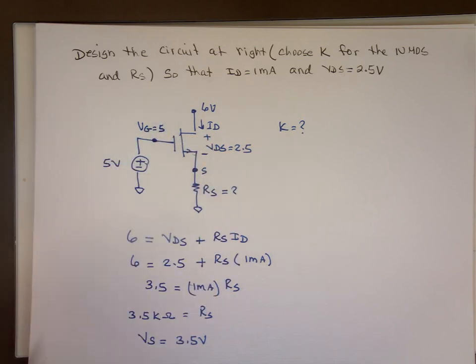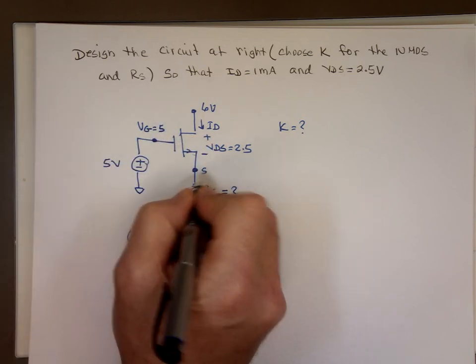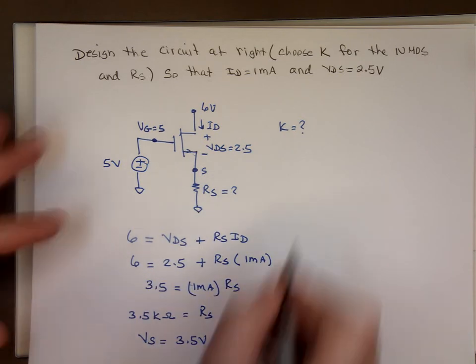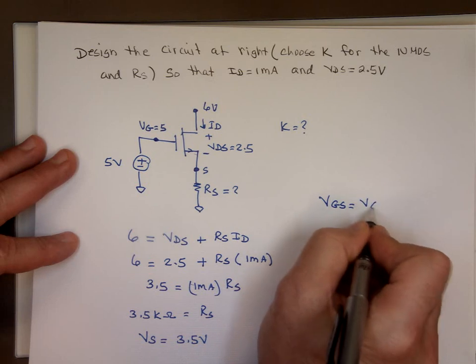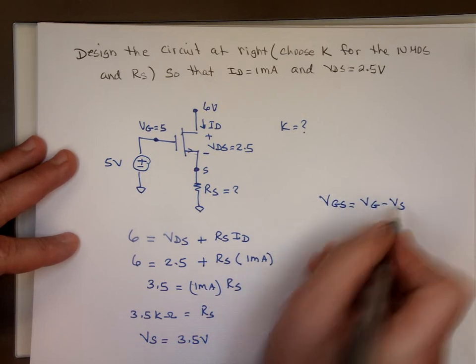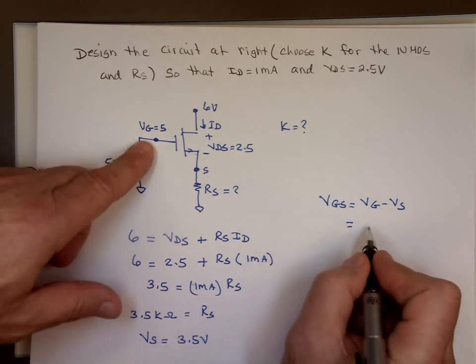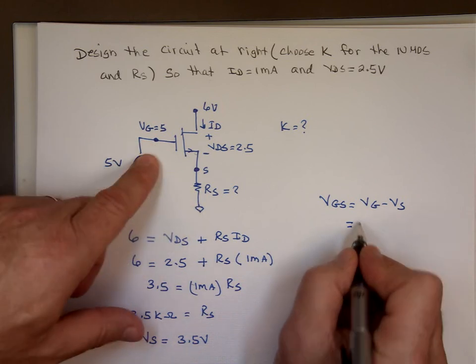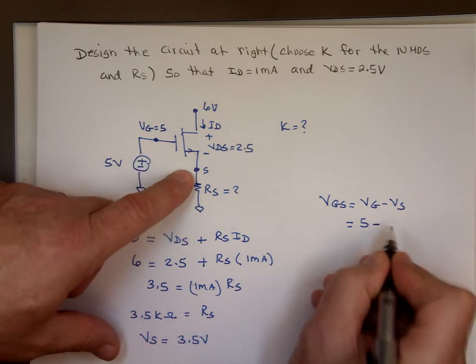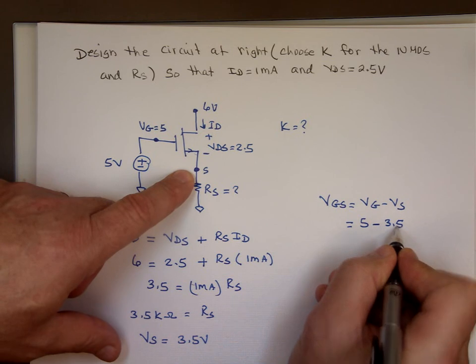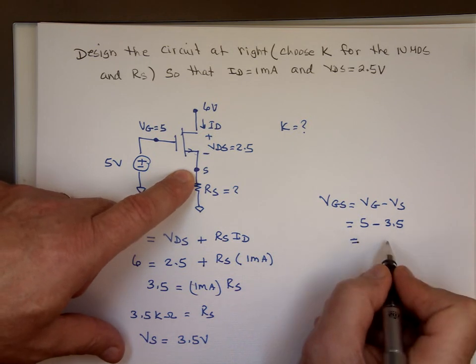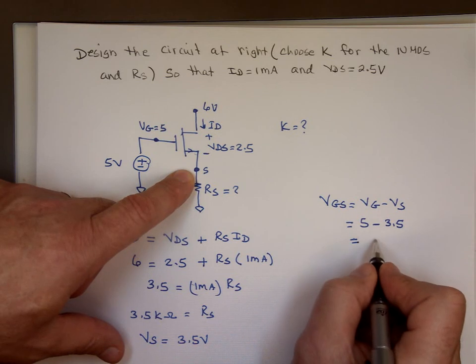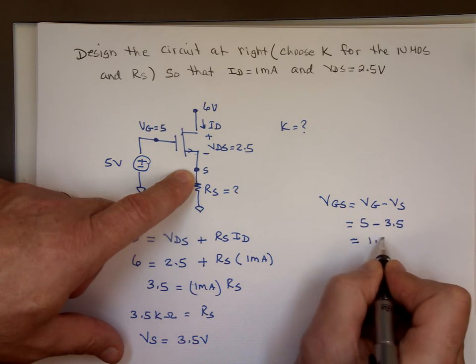This is VS. So I know what VGS now. It's VG minus VS. What's my VG? My VG is going to be 5. And what's my VS? That's 3.5. And what do we have? We have VGS to be 1.5 volts.